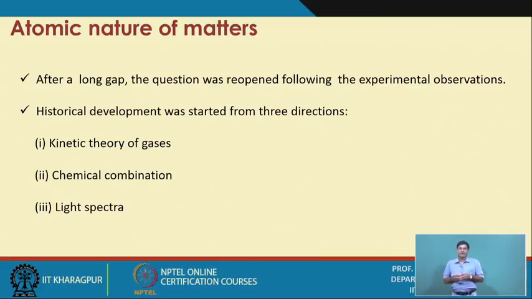The historical development basically started from three directions: one is kinetic theory of gases, another is chemical composition or combination, and the other one is light spectra.